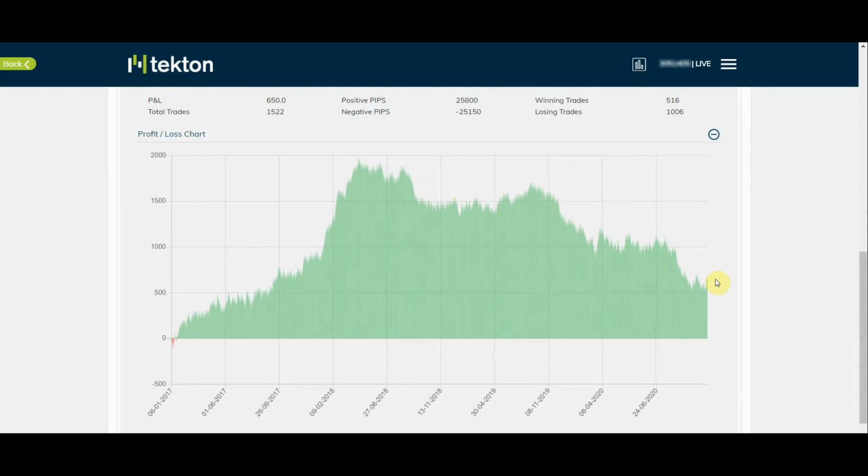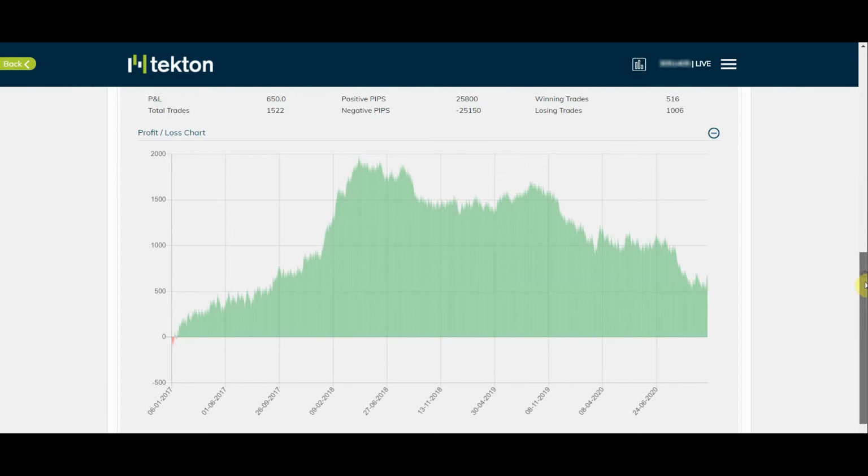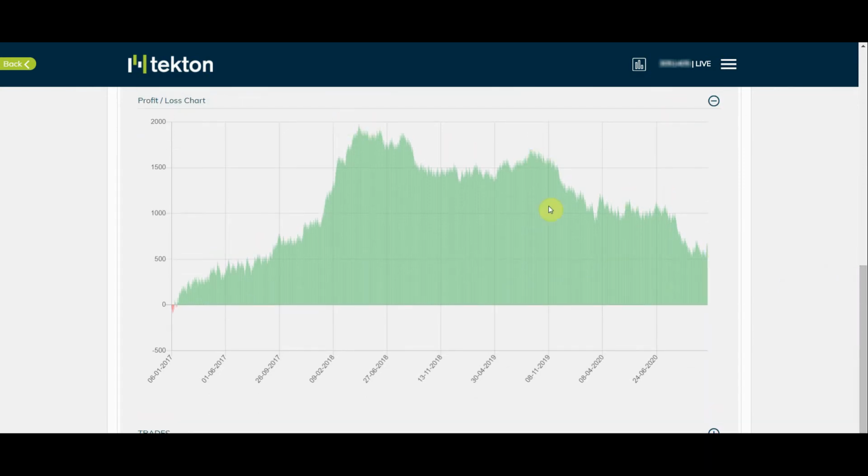But this is the whole beautiful thing about Tekton. It gives you the ability to look at an overall picture of trading systems and how you can capitalize on a trading strategy that actually makes money over the long term, and at what periods it's going to draw down by.